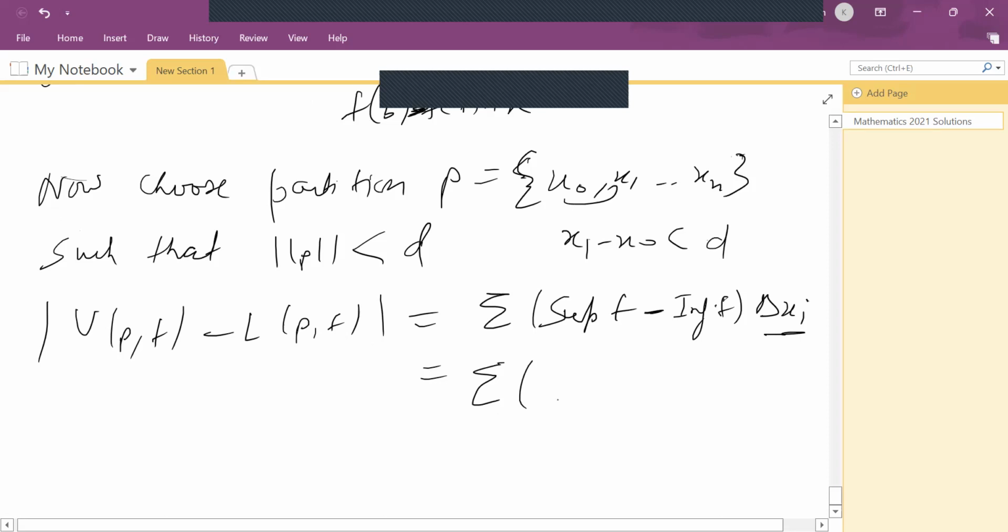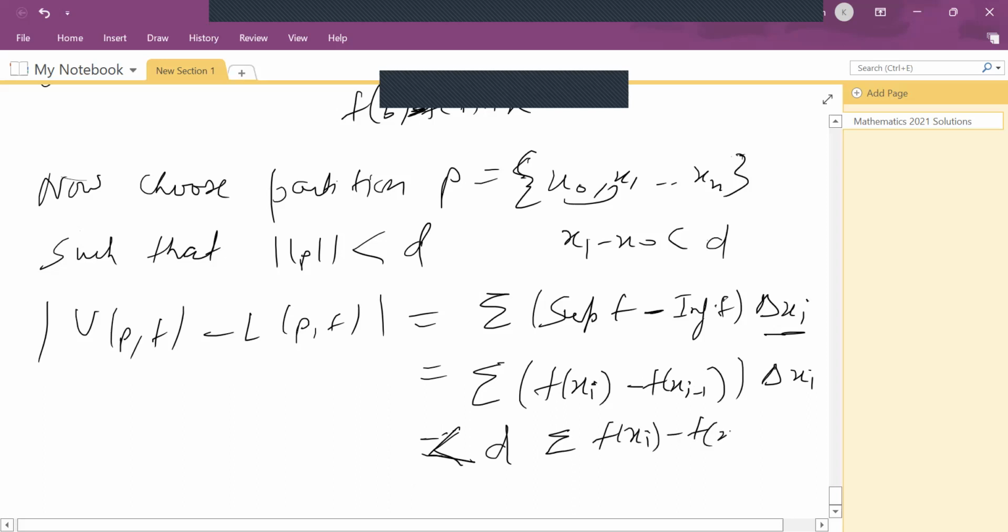So this will be sigma of f(xi) minus f(x(i-1)) into delta xi, your norm. Now we know that the norm is less than d, so you can take d common here: d times sigma of f(xi) minus f(x(i-1)).